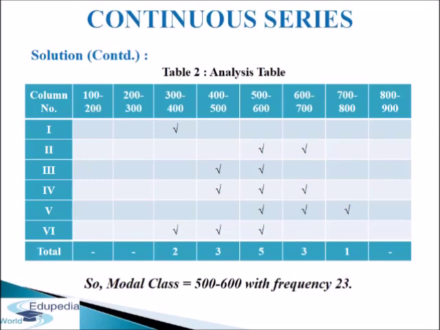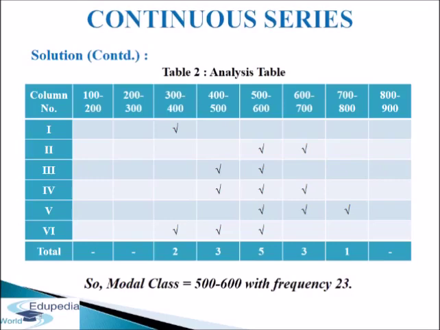This is how we'll put the tick marks, and now we will do the total of tick marks. You can see that in the row of 100 to 200 there is no tick mark, so we will leave a blank. In 200 to 300 there is no tick mark, so we will leave a blank. In 300 to 400 there are 2 tick marks, so we will write 2 in the column of total. In 400 to 500 there are 3 tick marks, so we will write 3.